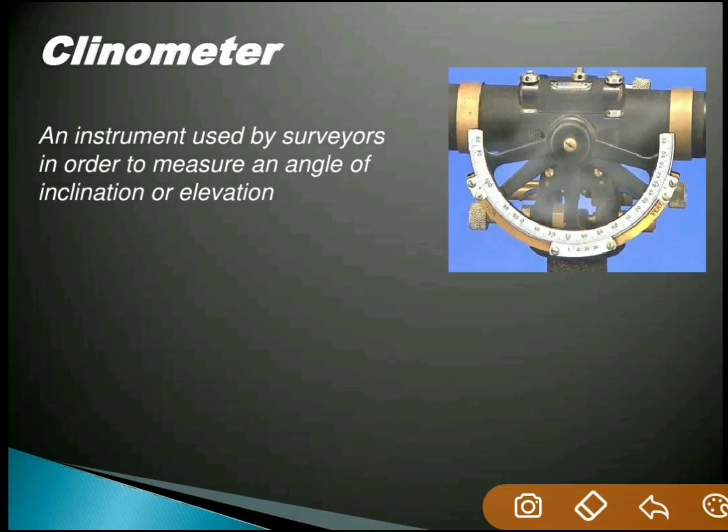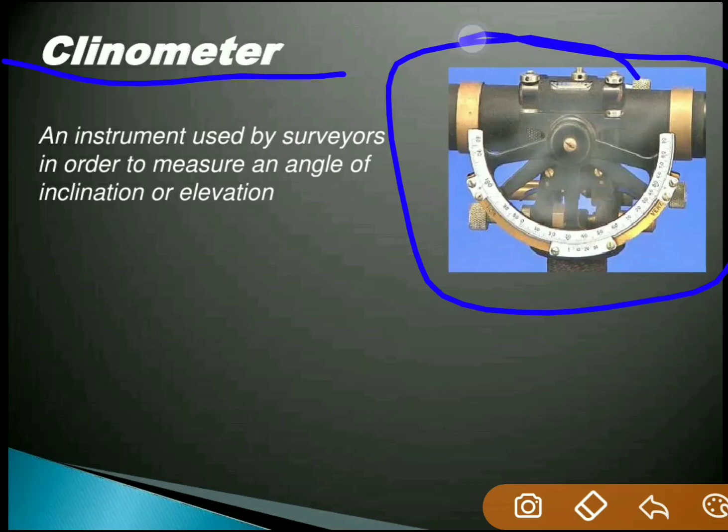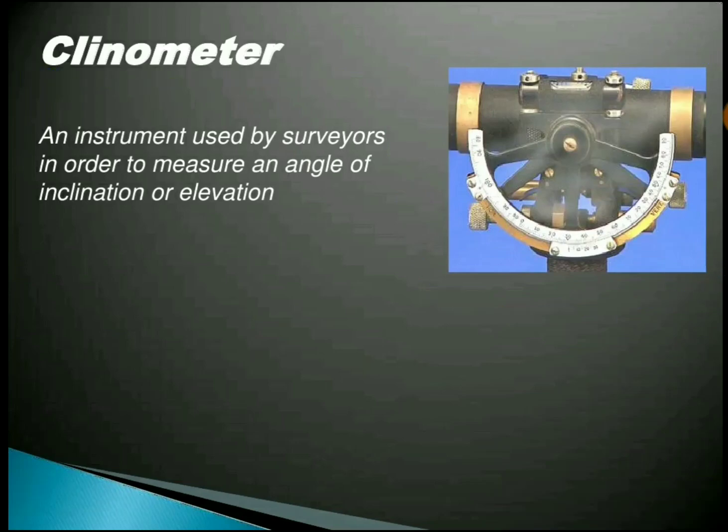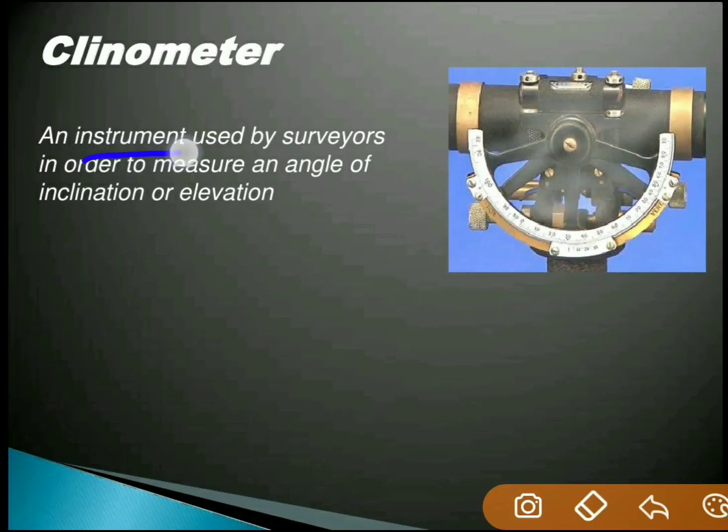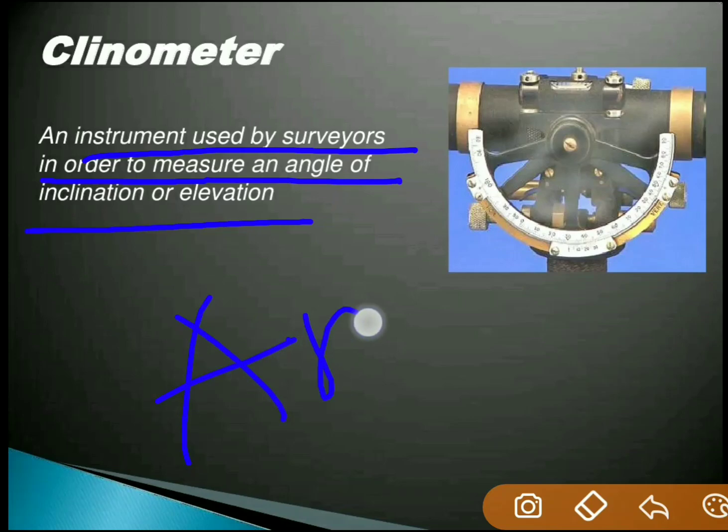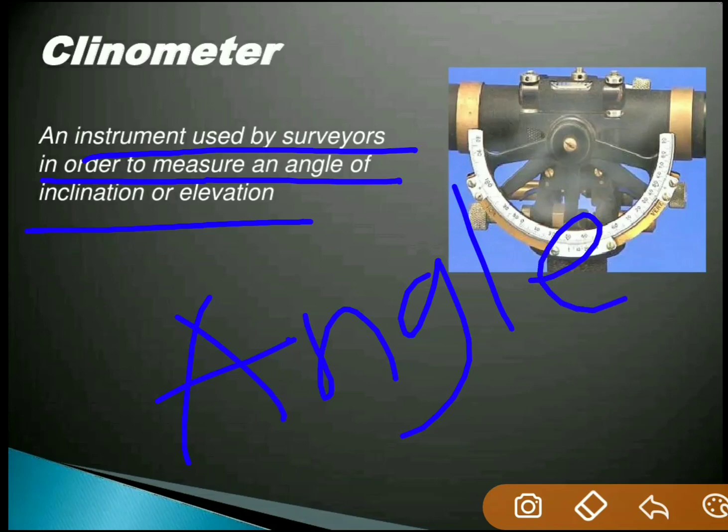Next, clinometer. What is that? Look here, this is the clinometer, right? So what is the use of clinometer? It is the instrument used by surveyors to measure an angle of inclination or elevation. See, if you want to calculate the angle of elevation, then we are using clinometer.